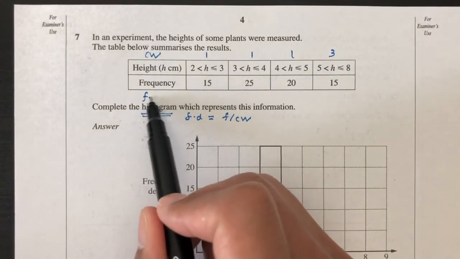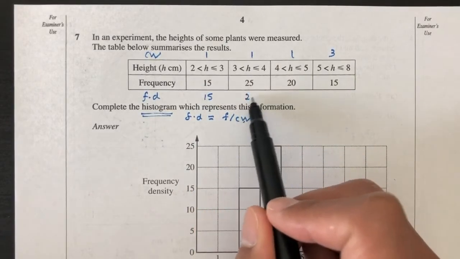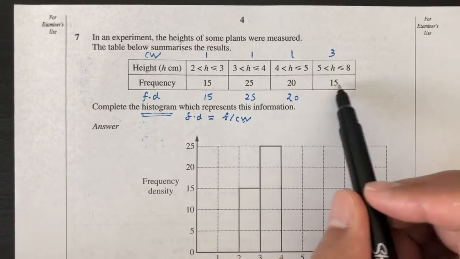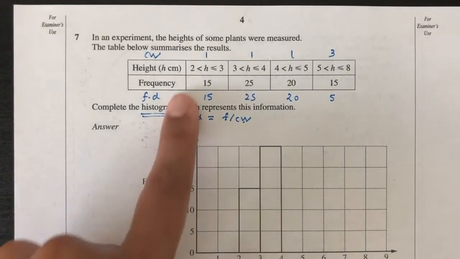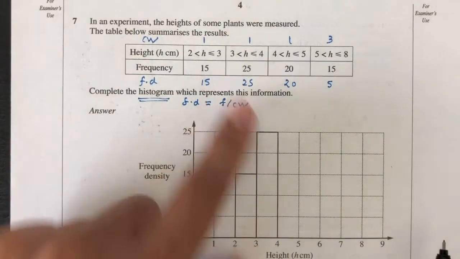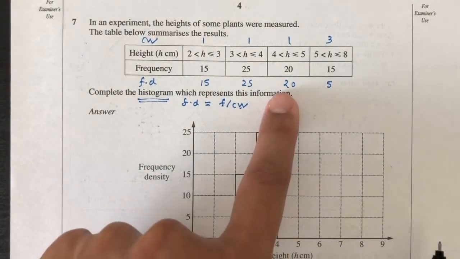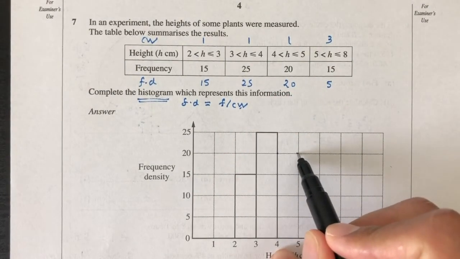And so FD will be frequency divided by class width. This one will be 15, 25, 20, and this one is 5. So let's plot this. So for the first group, 2, 3, it is given to us already. And we have 3, 4 is given to us already as well. And we have this one, which is 4, 5, is 20. 20 will be here.